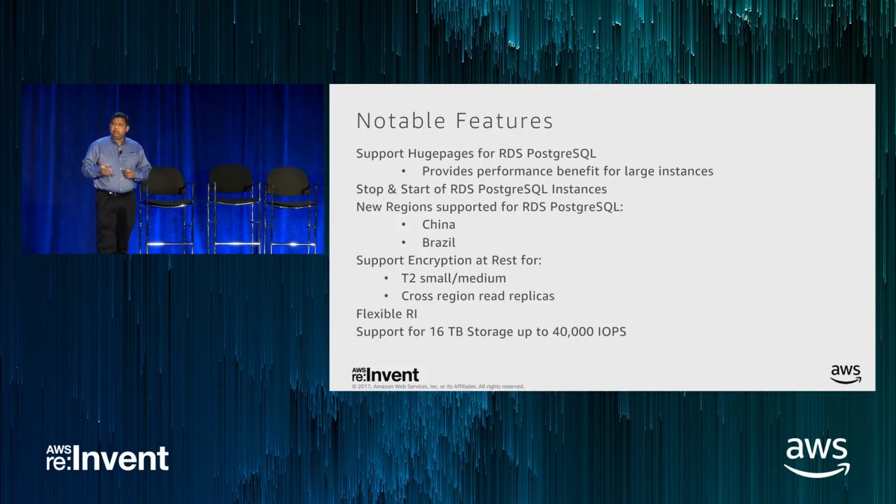Also, among the new notable features I want to highlight compared to last year at re:Invent, we now support Linux huge pages for RDS Postgres. Huge pages give you a great performance boost, especially for larger instance sizes, by using larger 2 meg pages in the underlying OS.